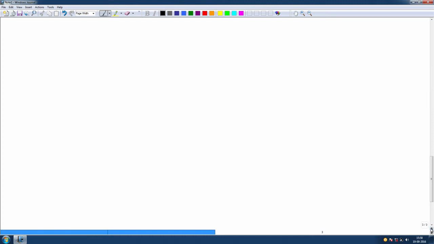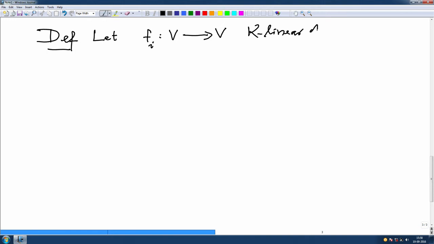So, this is a general definition which we will need again. Definition: let Fi be k-linear operators on a vector space V, indexed by i in I, and this I could be an infinite set.